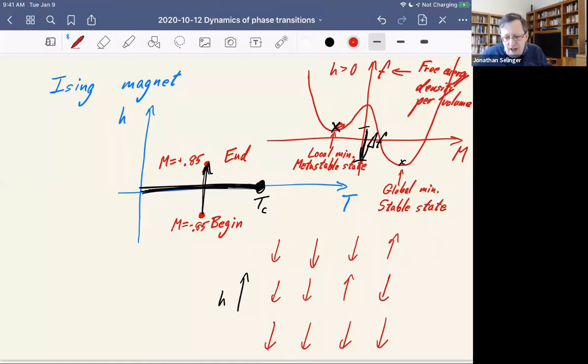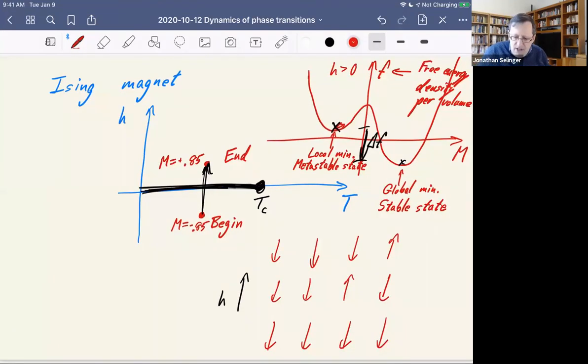Or equivalently, I could say, what is the free energy per volume, which is just the same thing multiplied by a factor of the number of spins per volume, which is a constant. Okay. So that is the free energy difference associated with changing a unit volume from one phase to another phase.